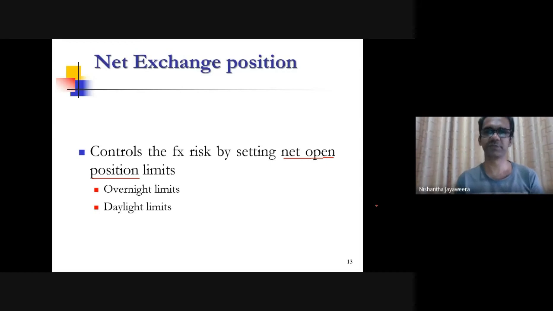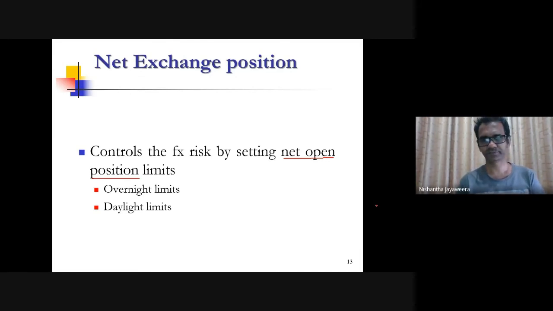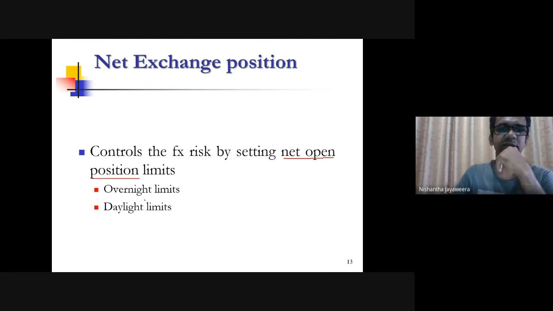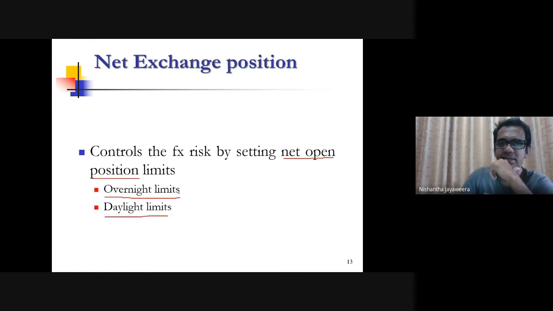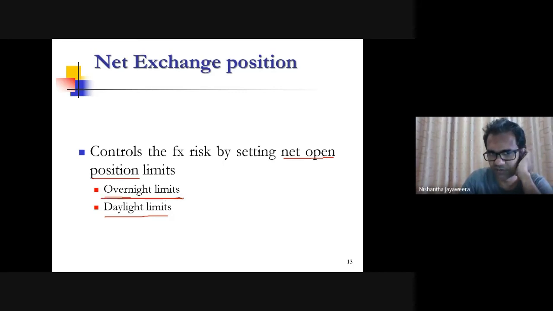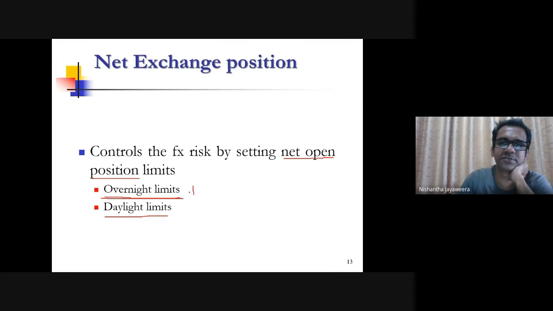So from the risk management perspective, the bank imposes this net open position limit. That limit can be applied on an overnight basis or a daylight basis. In some banks both are the same, while some banks impose two different limits. What does overnight limit mean? At the end of the day, before you go home, you cannot have, say, more than the overnight limit of plus 5 million.